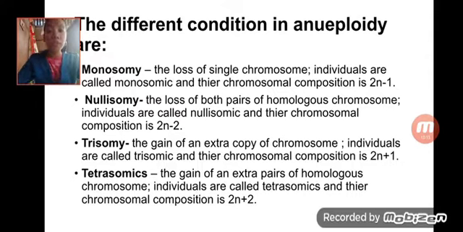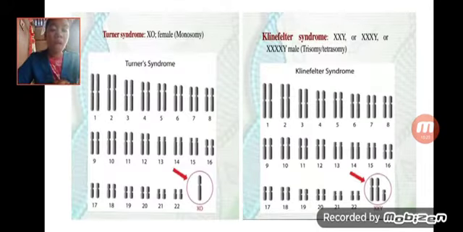Now, first of all, let's see the different monosomic conditions occurring in humans. In monosomy aneuploidy, the cell has one chromosome fewer than the normal number. For example, we have Turner syndrome, having the X0 condition, also known as the 45,X0 condition. This monosomic condition is seen in females, where the female is missing one X chromosome.